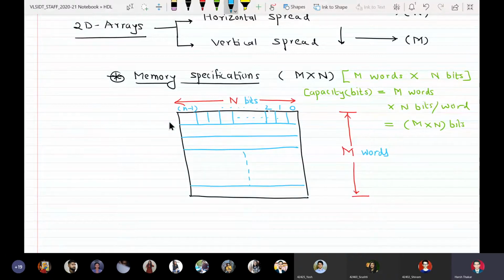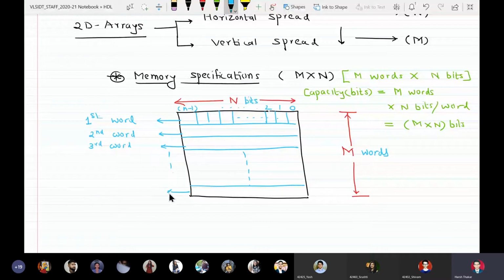So this is said to be the first word, second word, third word, similarly mth word.